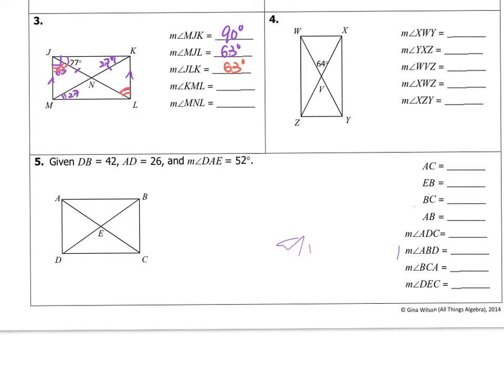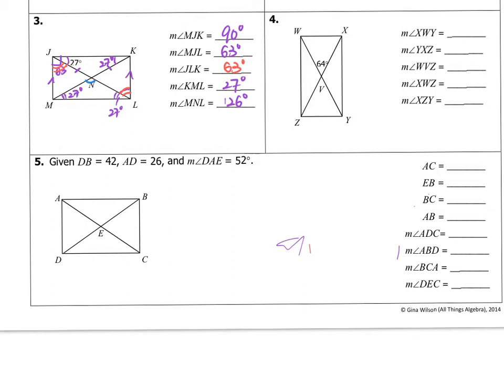If this is 27, KML is 27 because they're alternate interior angles. And finally, angle MNL, I'll use a blue color, is this. So again, if I know this is 27, this has to be 27. 180 minus 27 minus 27, I should have 126 degrees.